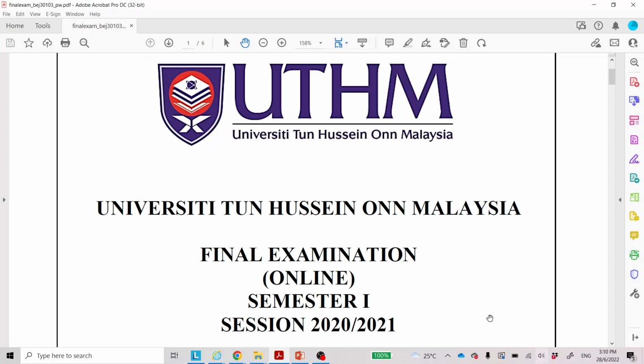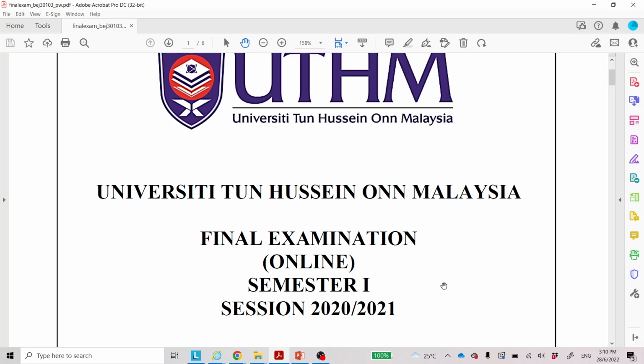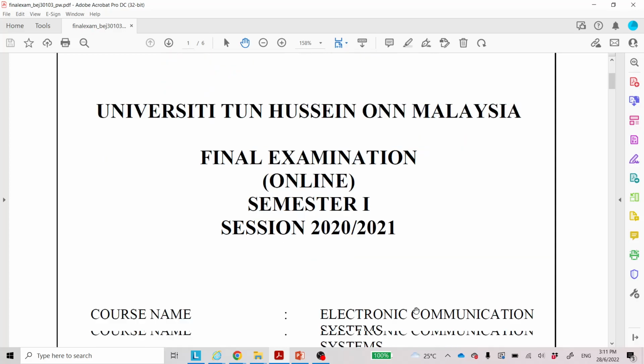Boleh. Okay, so this is the previous semester final exam, semester 1. Not last semester, this is 2020-2021. We are now in semester 2, 2021-2022. So this was one and a half years previously.